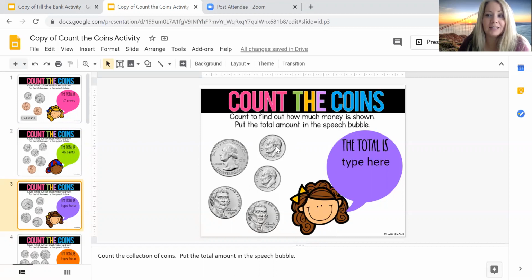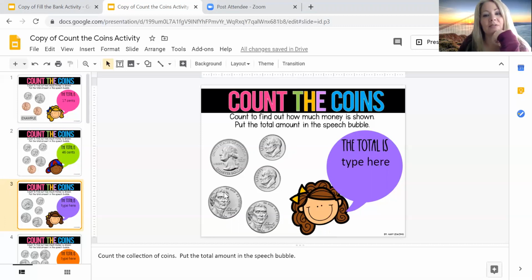So 25 and 10 is 35, plus another 10 makes 45, very good. Plus a nickel, 45 plus 5 more. You can think 40, 45, 50.